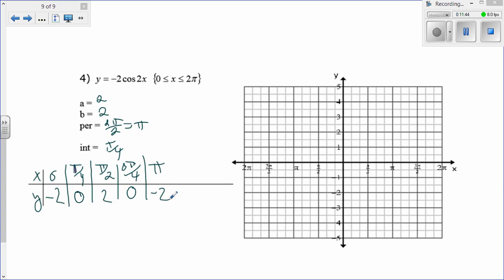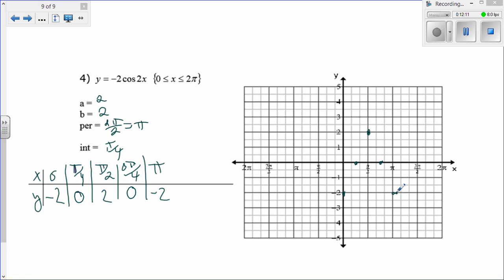I'm only graphing from 0 to 2 pi, so it's just to the right. And I start out at 0, negative 2. And then at pi over 4, it should be halfway between 0 and pi over 2. I have 0. So split the difference there. And then at pi over 2, I'm at positive 2. And at 3 pi over 4, so halfway between pi over 2 and pi, I'm at 0. And then at pi, I'm at negative 2.